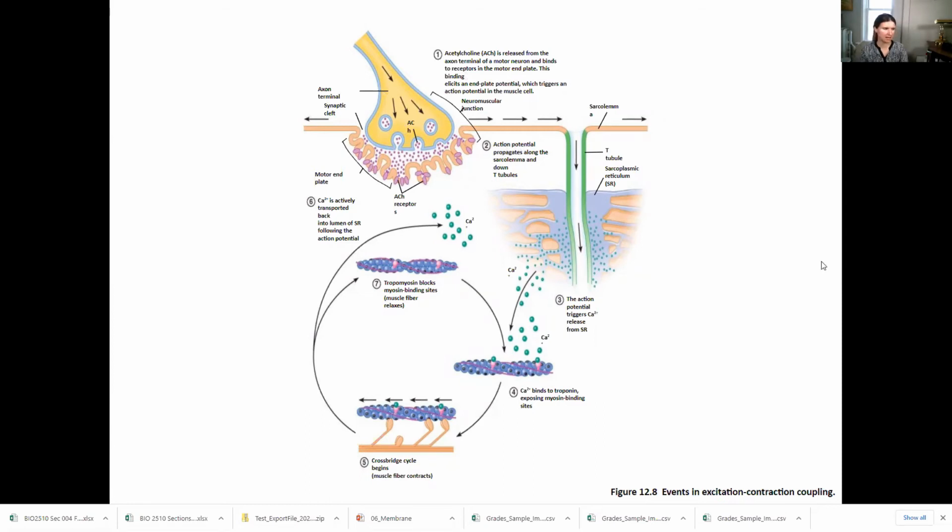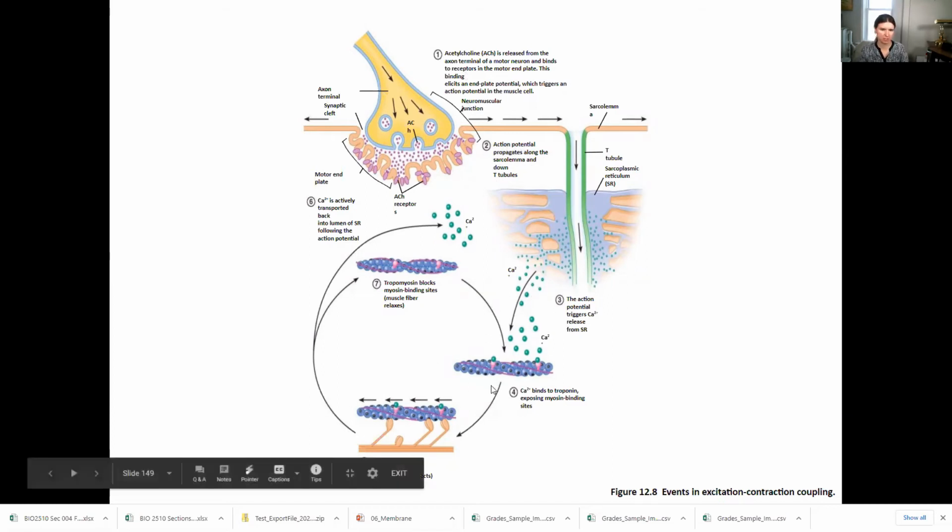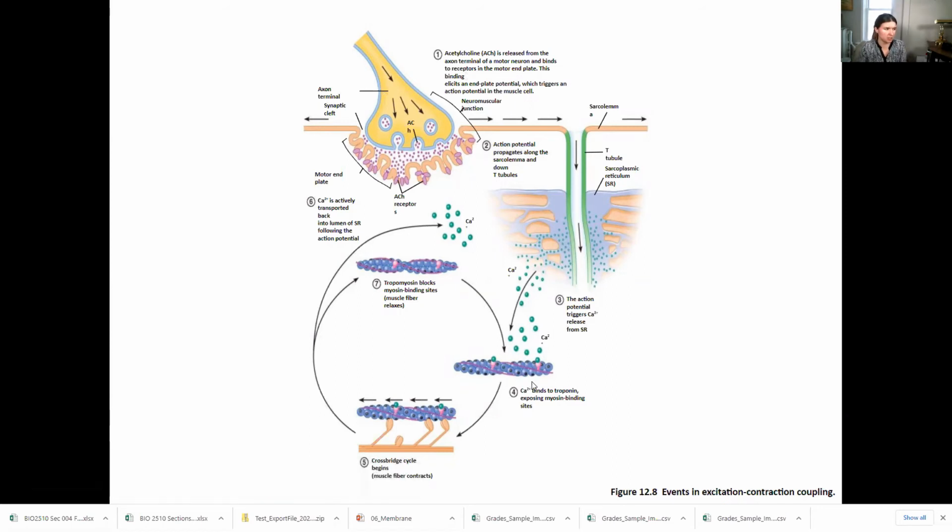What effect it has on the cross-bridge cycle is that when this calcium gets released, we need that calcium for the cross-bridge cycle to even occur. So the effect is basically that it starts the cross-bridge cycle, because without this action potential, we only want to contract our muscles when we're getting a signal to do so. So we don't have the cross-bridge cycle going without this action potential.